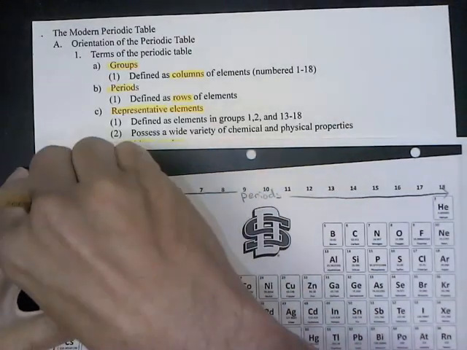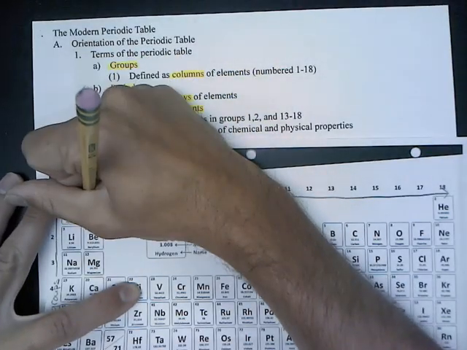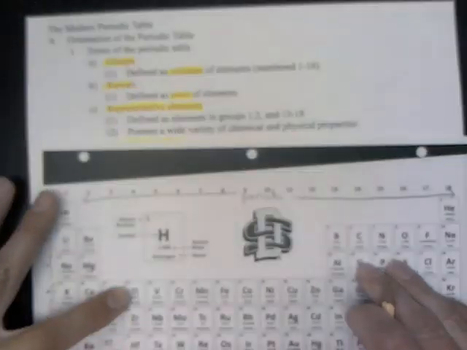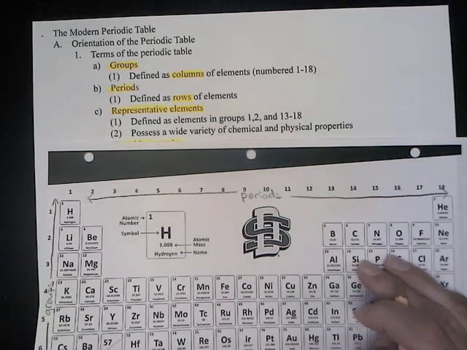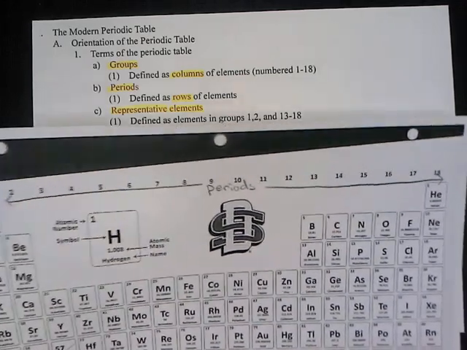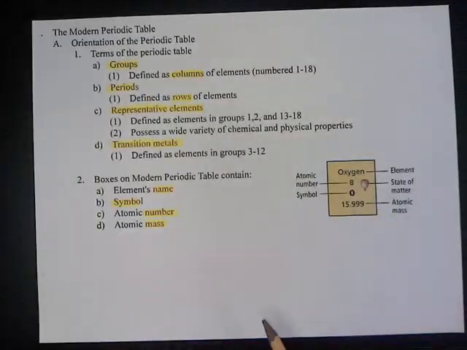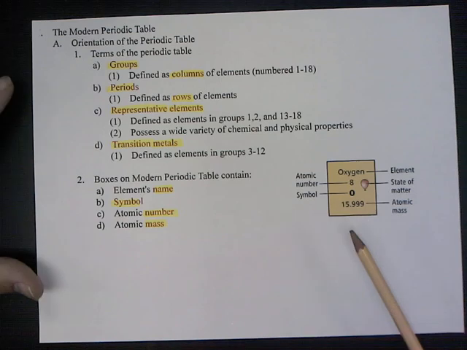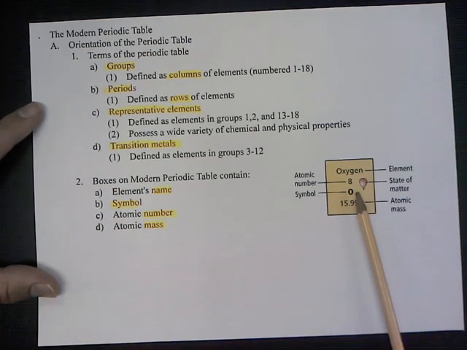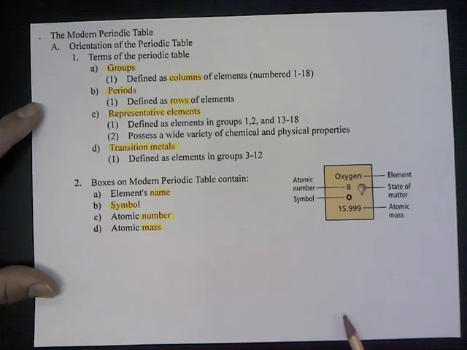Okay, so now we have a basic orientation, and this orientation will be even more expanded here, but we can break the periodic table down and get some essential information from it. Now, each periodic table is just a little bit different, but you're going to find the same information. You're going to find the atomic number, which is that whole number equal to the number of protons in the nucleus.